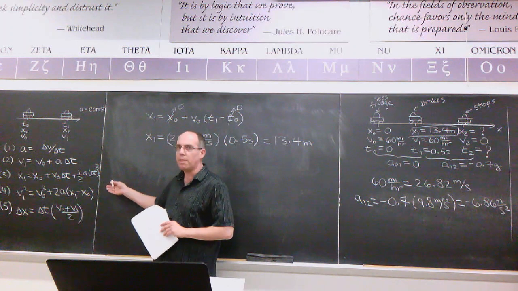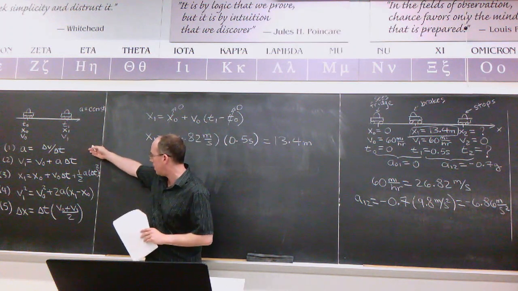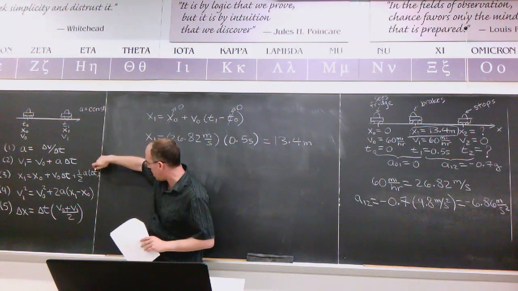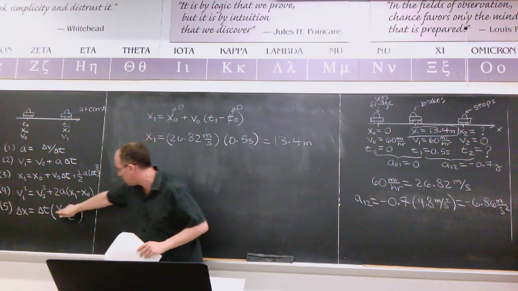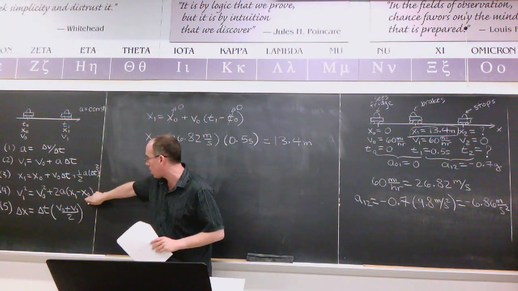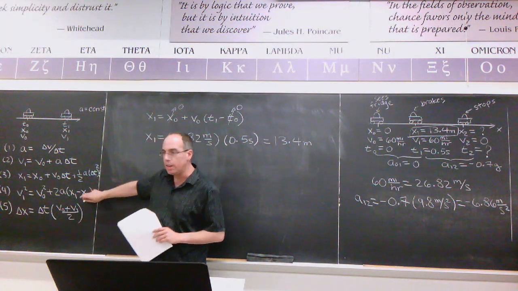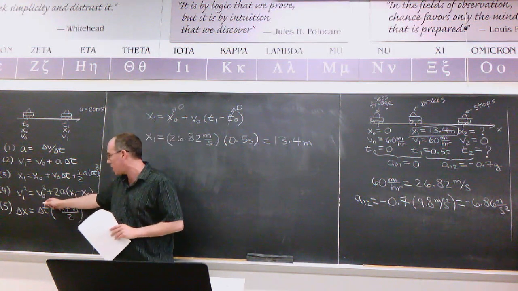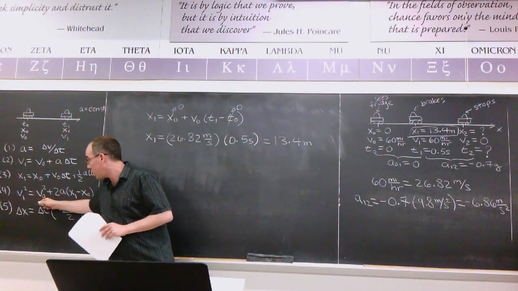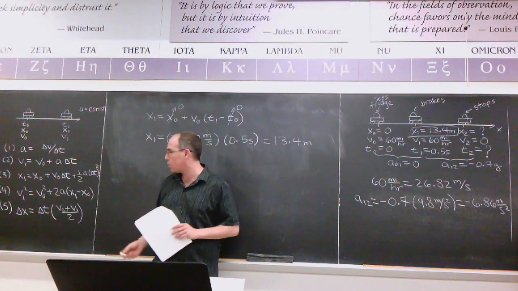Which would that be? Time, time, time, time. How about number 4? Let's change the subscripts so it's connecting 1 to 2 instead of 0 to 1, and that ought to do it for us.